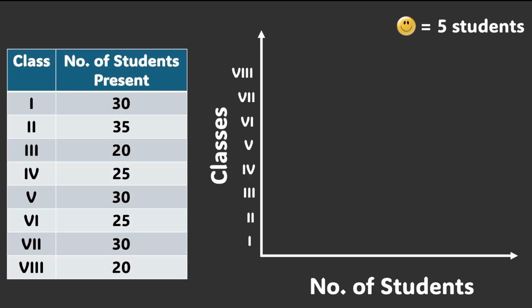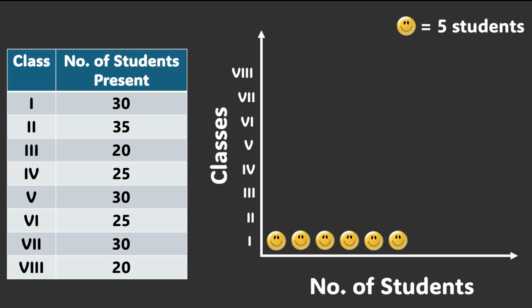Then, to represent 30 students of class 1, we will only need 30 divided by 5, that is 6 smiley faces. This is much better than drawing 30 smiley faces.